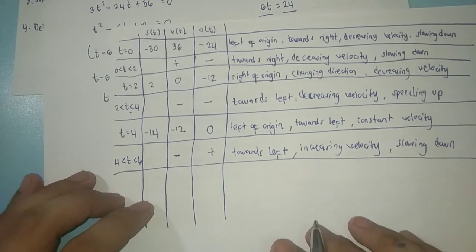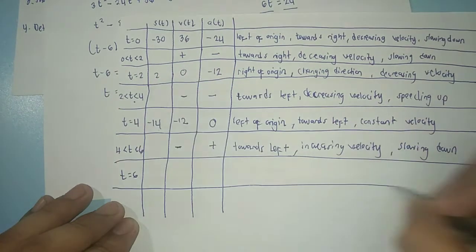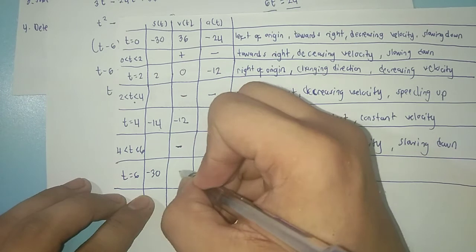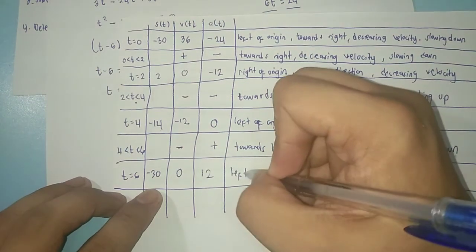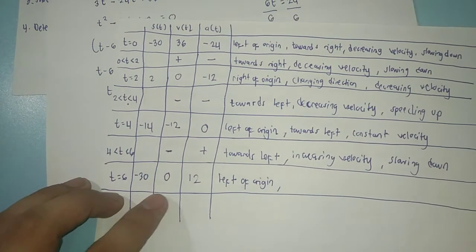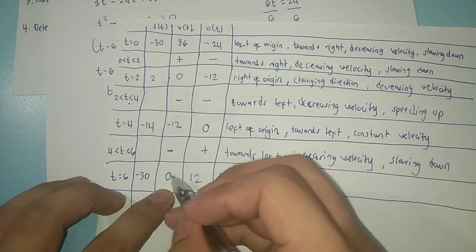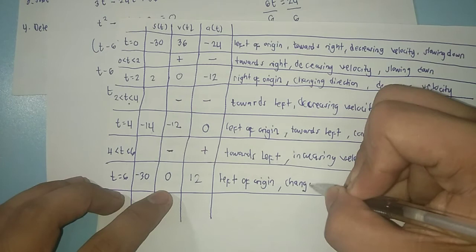Okay? So, next, at t equals 6, so, kapag sinubstitute, that is negative 30, 0, 12. So, dito, sa left side siya ng origin. Tapos, changing direction since positive ang acceleration, although 0 yung velocity, nag-positive yung acceleration, so hindi siya nakastay lang.